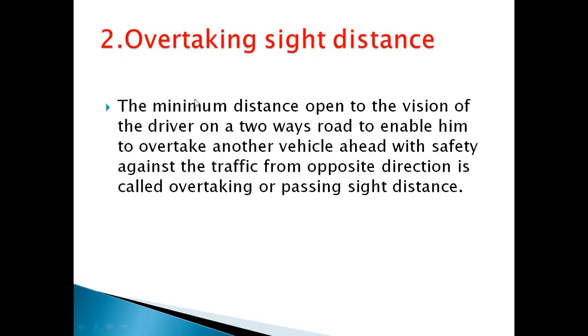After that, we had discussed the second type of sight distance, the overtaking sight distance. Now, what is overtaking sight distance? The distance required to overtake another vehicle, or the minimum distance open to the vision of the driver on a two-way road to enable him to overtake another vehicle ahead with safety against the traffic from the opposite direction, is called the overtaking or passing sight distance.